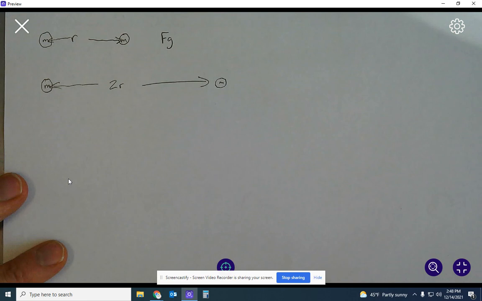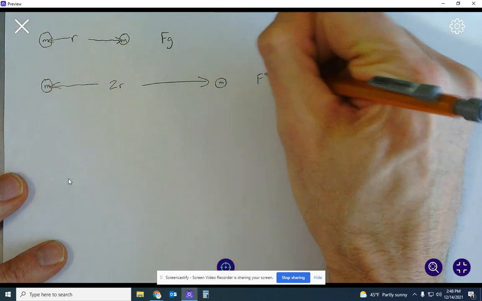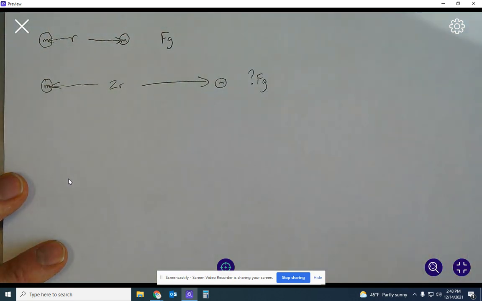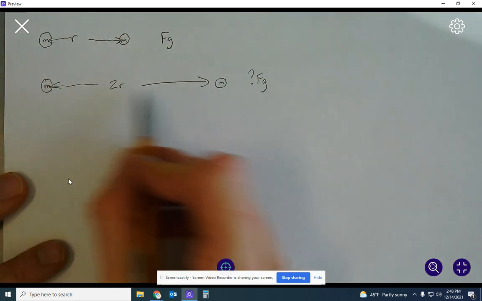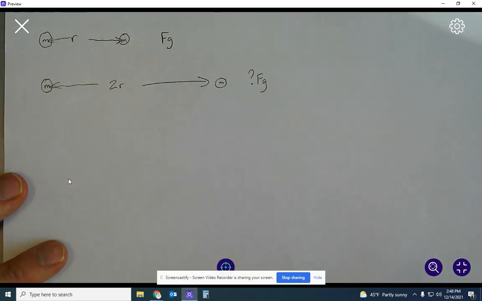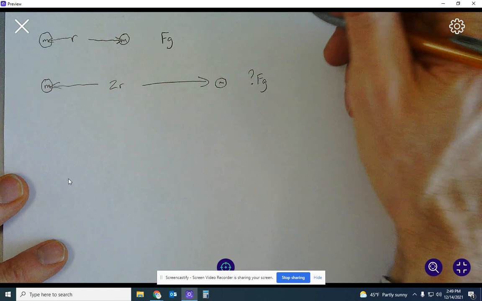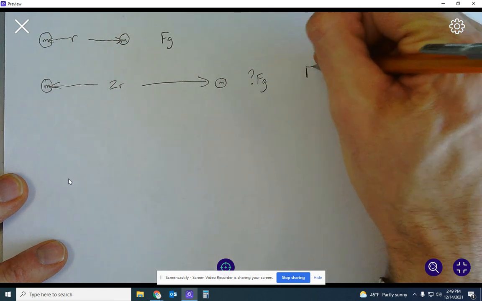So there it is, twice as far away. What happens to how much force there is between these two? How much gravitational force would there be when I move them twice as far away from each other? Well, that takes, like I said, the skill of proportional thinking. And here's how I do it.